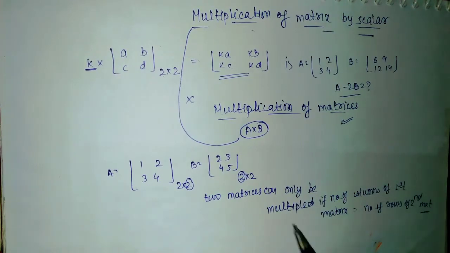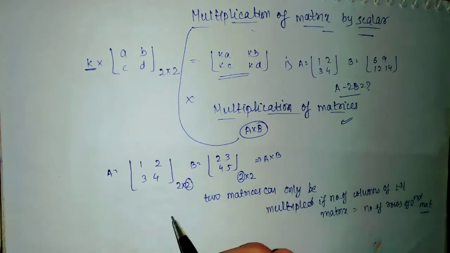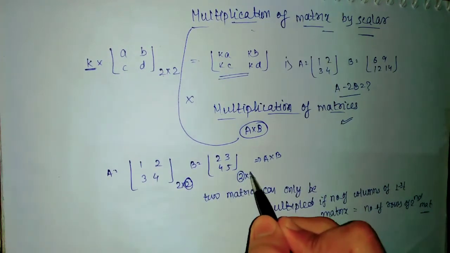And finally, if we multiply A into B, the order will be this into this.